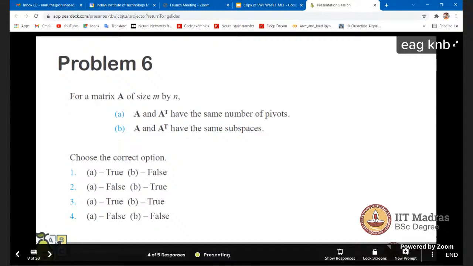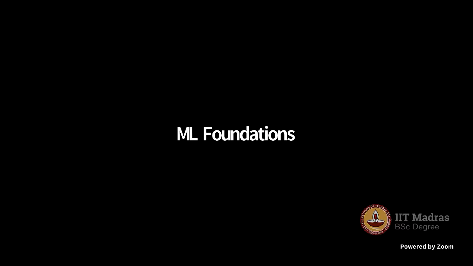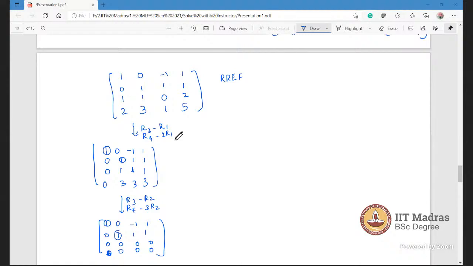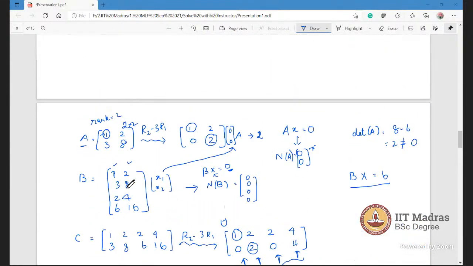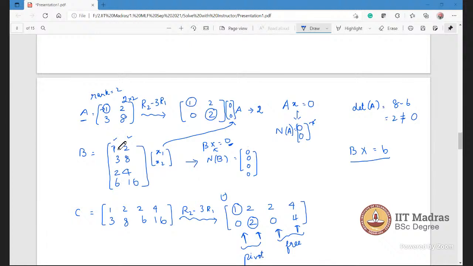So for example, let me write, I'll give you an example that we just wrote here. See in this example, so here we saw this one example. No? So here the number of pivots is 2. So what will happen if this matrix is transposed?